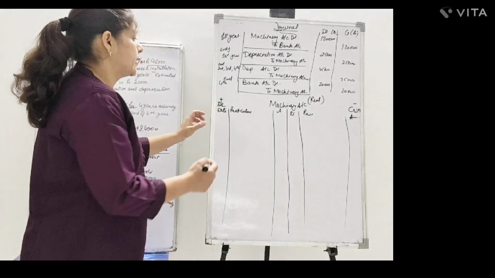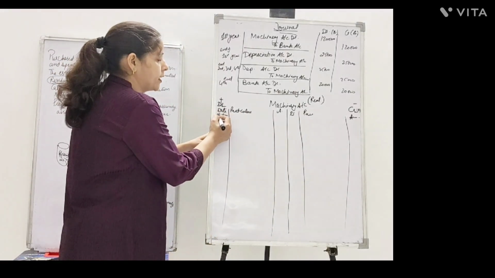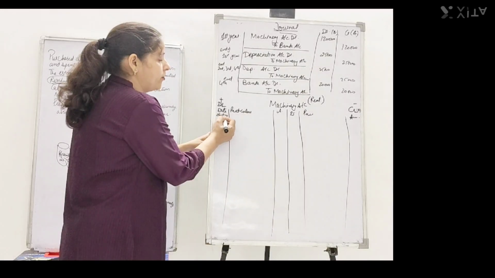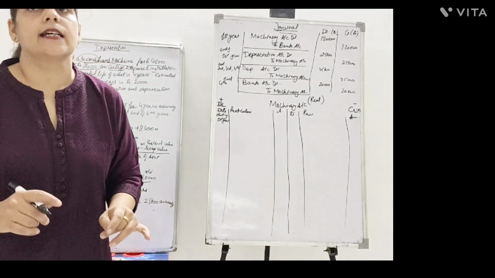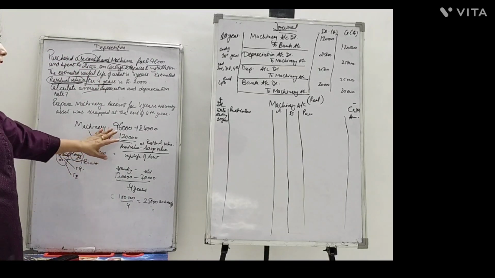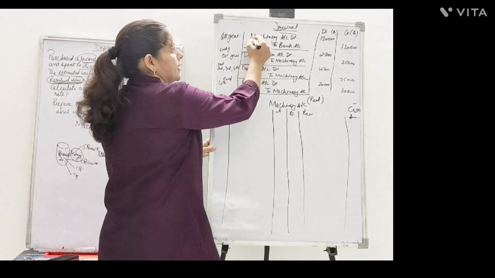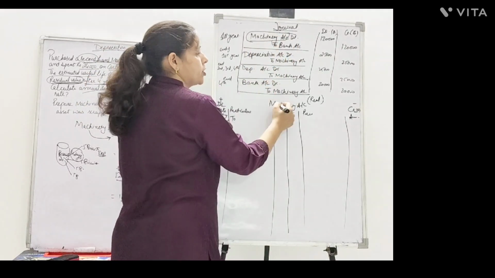So at the starting of first year, because the date is not given to me, what he has done is purchased a machinery for rupees 1,20,000. So we pass the journal in the machinery account.